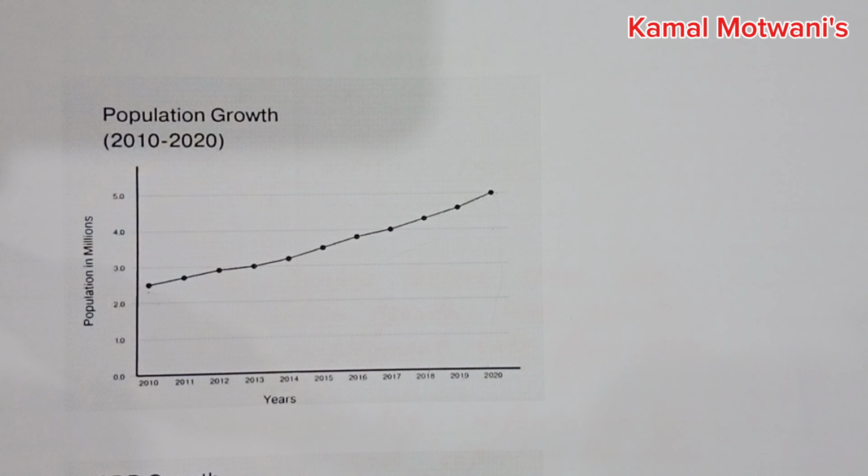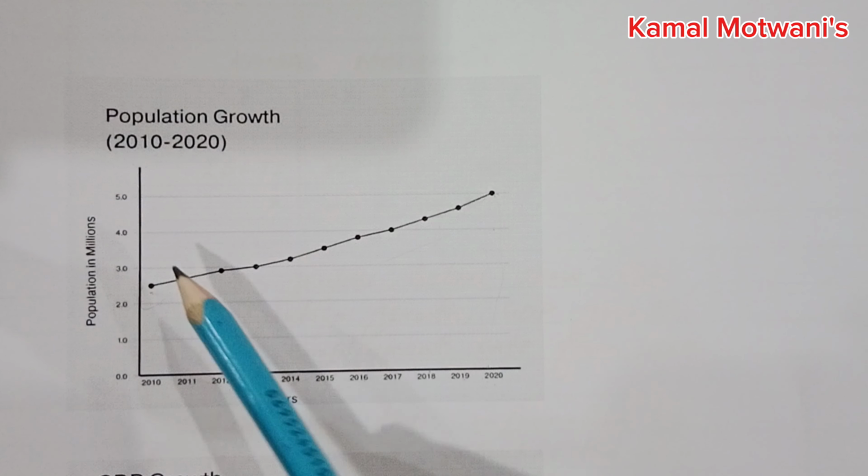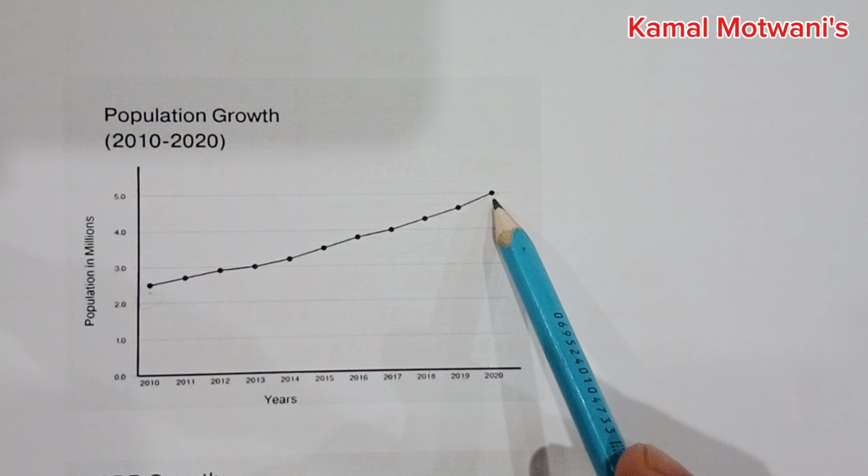However, we can notice one thing, which is related to performance. It shows a high improvement, because it starts from 2.5 million and ends at 5 million.